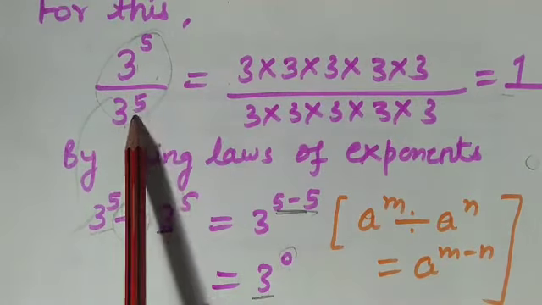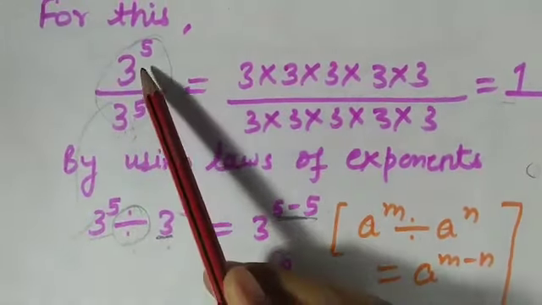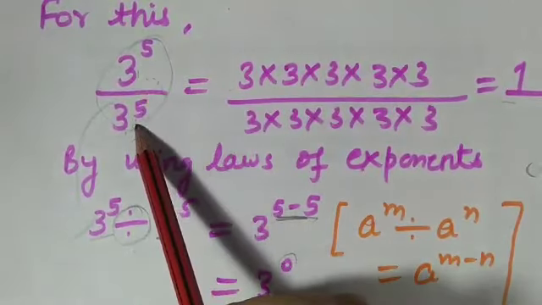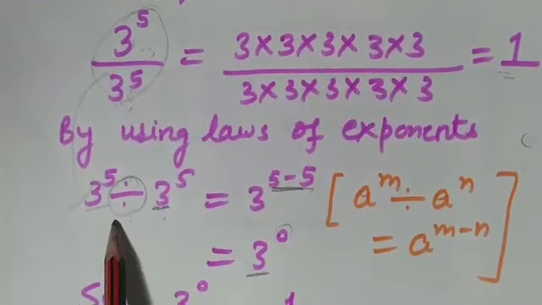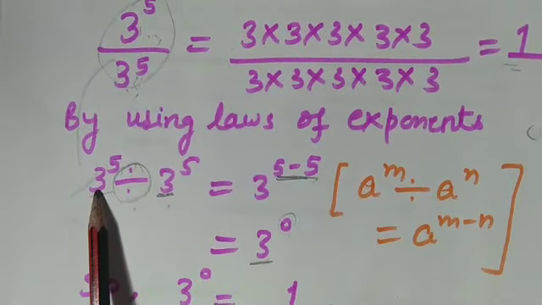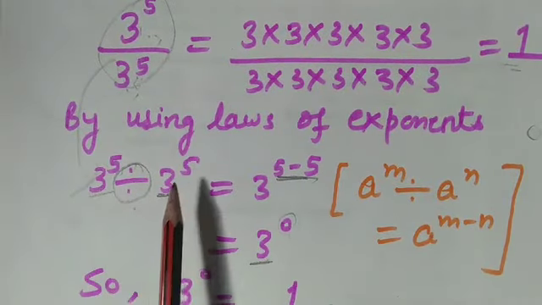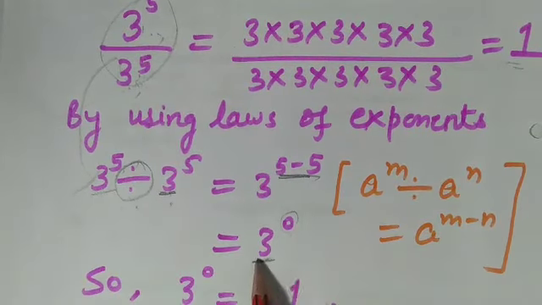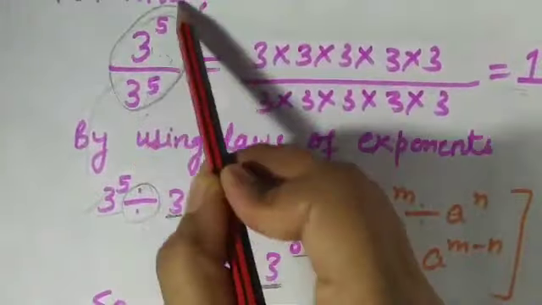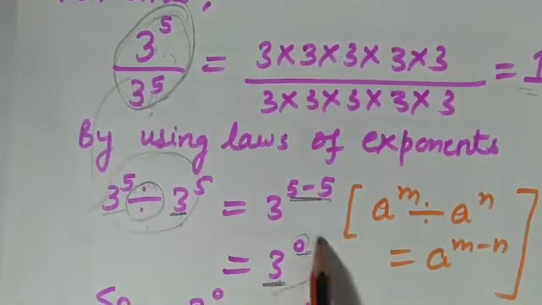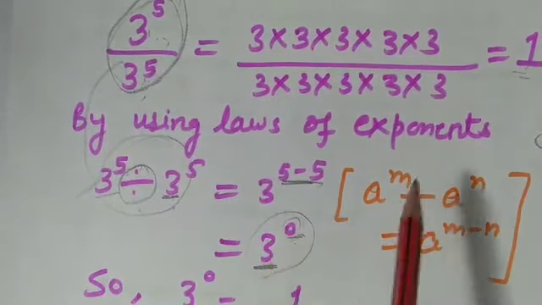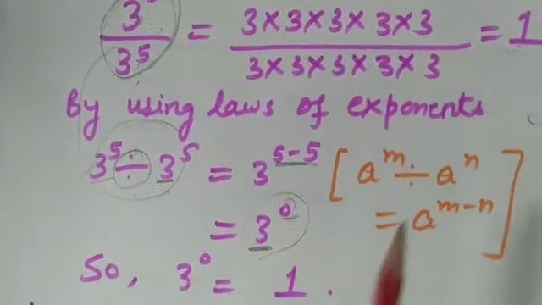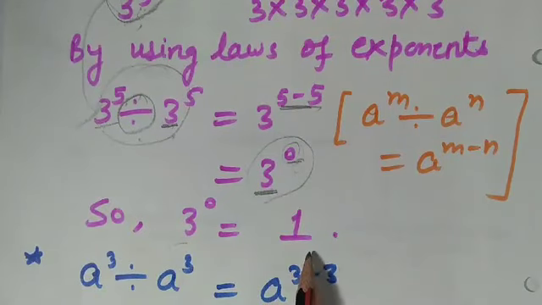We found that this is equal to 1, and using the law of exponent it is equal to 3 raised to the power 0. If the LHS is equal, then the RHS will also be equal. Then we can say that 3 raised to the power 0 is 1.